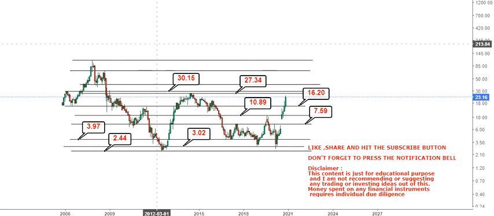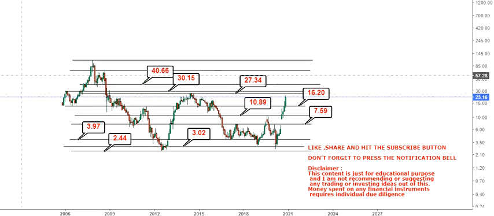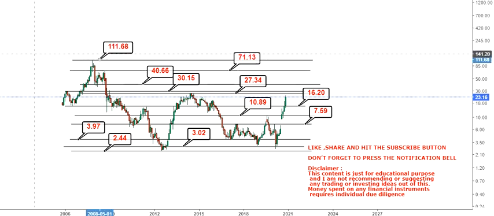Now this is the condition. If I'm saying it again, if the stock makes a breakout and sustains above $30 or $31, then the next target for this stock will be $40, then 71 after that, and you will have your big target at 111.